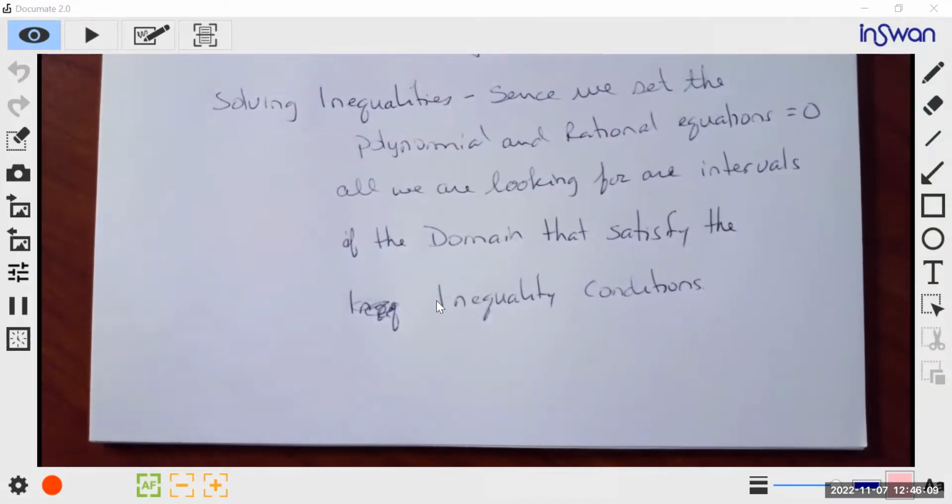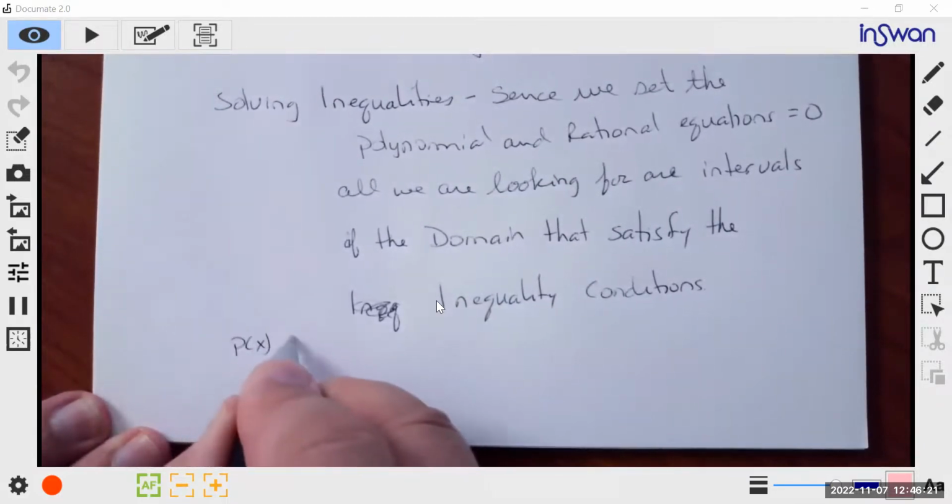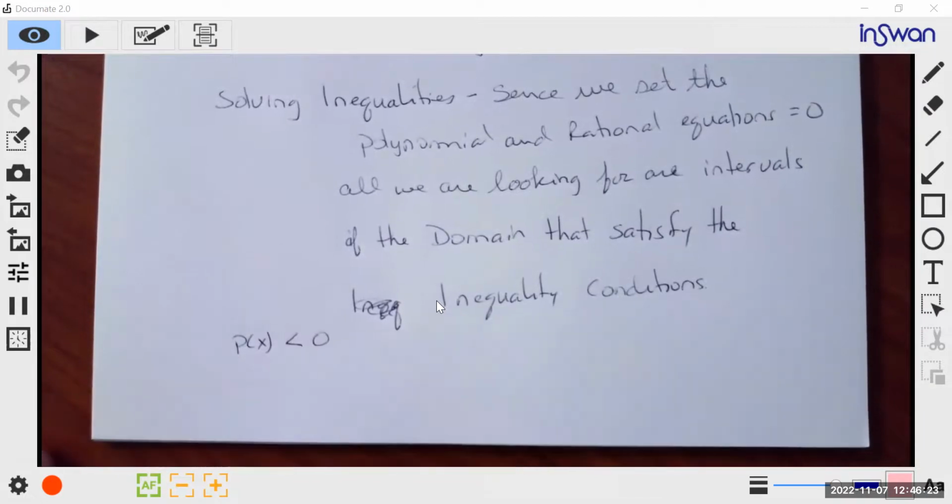So what does that mean? Well, it's even easier than that. Let's say we had a polynomial less than 0.